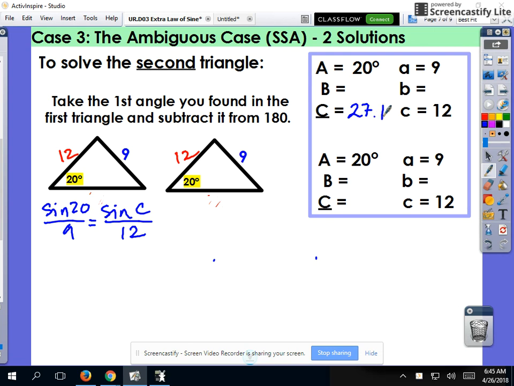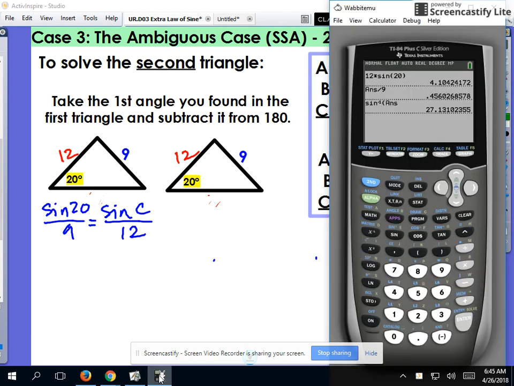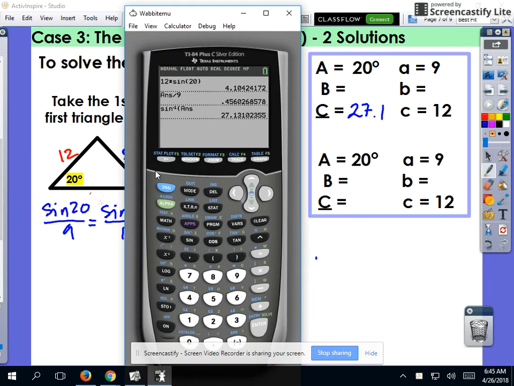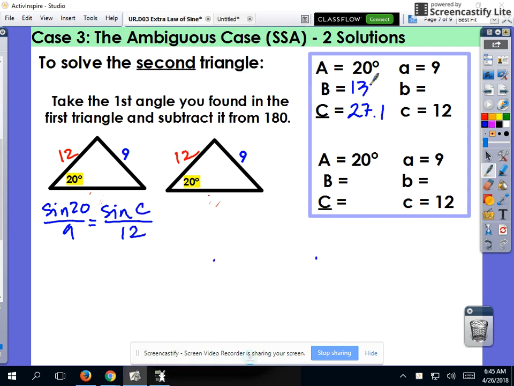So C is 27.1. Now we can use that to help us find what B is. So that would be 180 minus that answer minus 20. 132.9. Okay. And then we'll use our law of sines to find that.